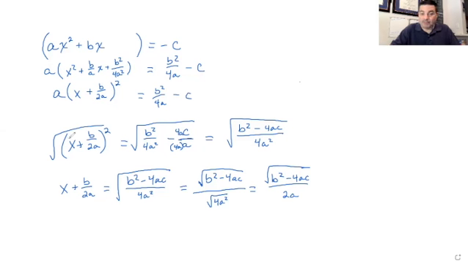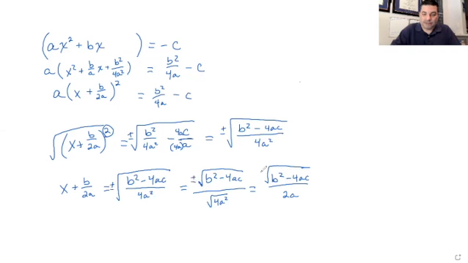But back up a couple steps here. When I take the square root of both sides to get rid of this square, this thing that I end up with on the other side can be either positive or negative, because the negative times the negative is a positive. So if I have something under a square root radical, that thing is going to be either positive or negative.